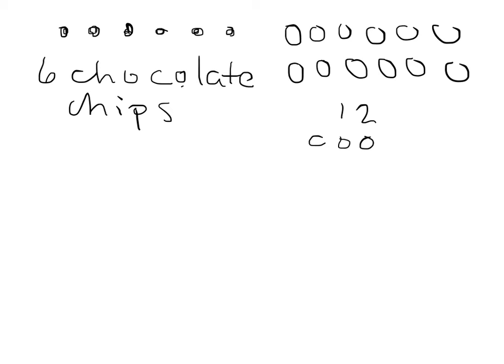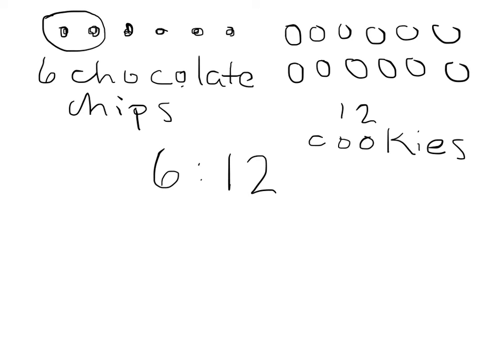Well, what the book is going to show you is taking this ratio. So think right now, what is the ratio of chocolate chips to cookies? And I know you all just said 6 to 12 because you're so smart. So the ratio of chocolate chips to cookies is 6 to 12. Well, what you can do is look at this in groupings. You can change this ratio and you can say that's 1 group, 2 groups, 3 groups.